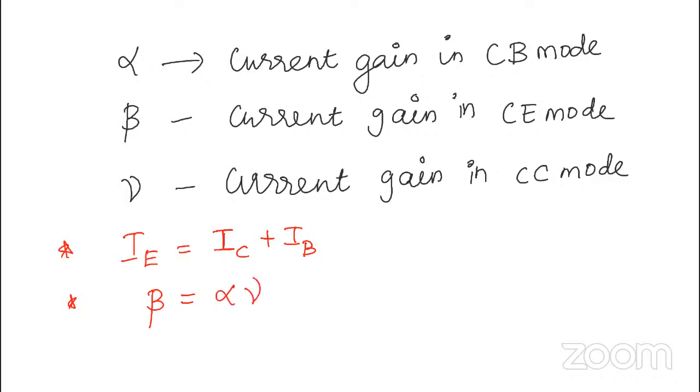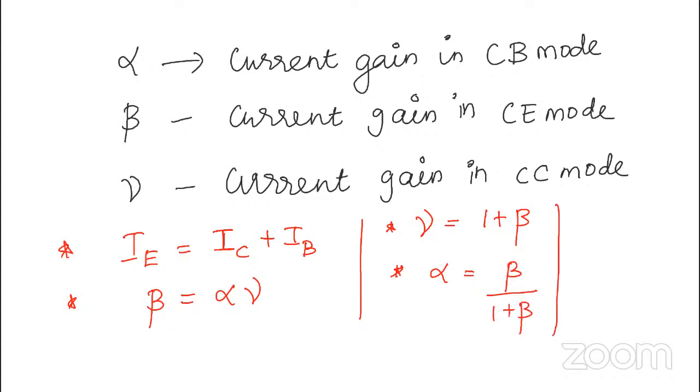This is also one relation, and another relation, gamma is equal to 1 plus beta, and alpha is equal to beta by 1 plus beta. And one more, 1 by alpha minus 1 by beta is equal to 1.